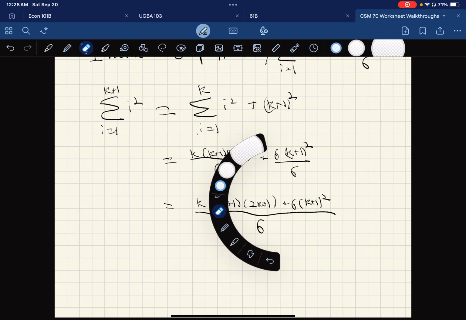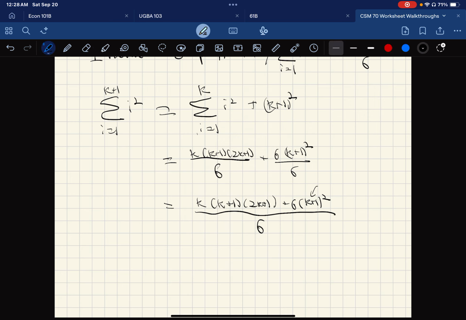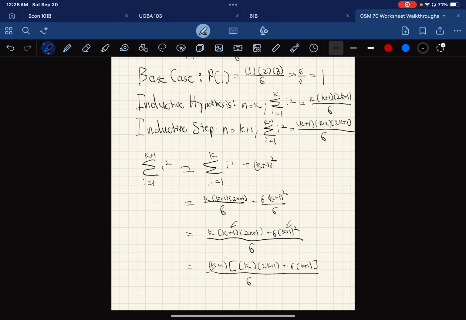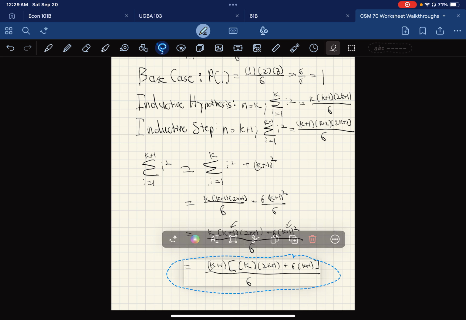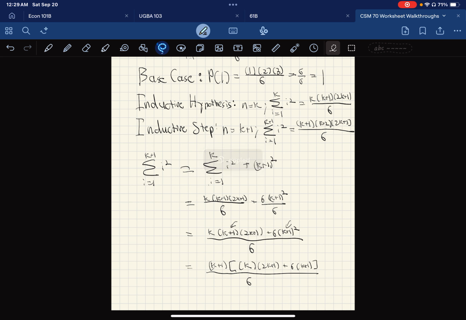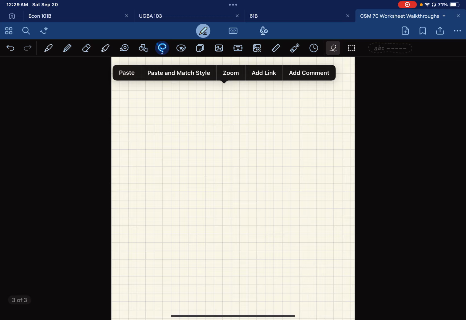You see here that we have a k plus 1 squared and a k, so we can do a little bit of factoring, and then a little bit of distribution with the inside parts on the right that we've factored.